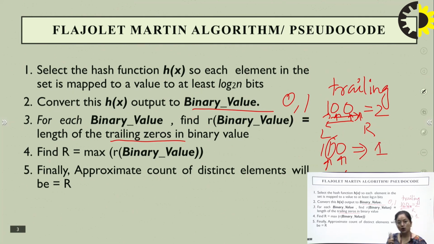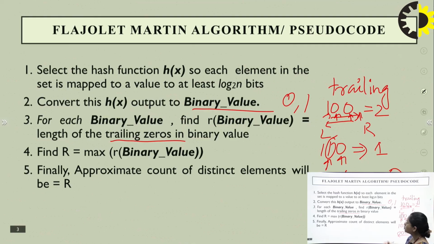Suppose we have two more cases. For 1, 0, 1, there is no 0 and we get the 1 at the start, so the number of trailing 0s is 0. And if it is all 0s, when we are counting there is no 1, so here also it will be 0 trailing. So this is how we calculate the trailing value.